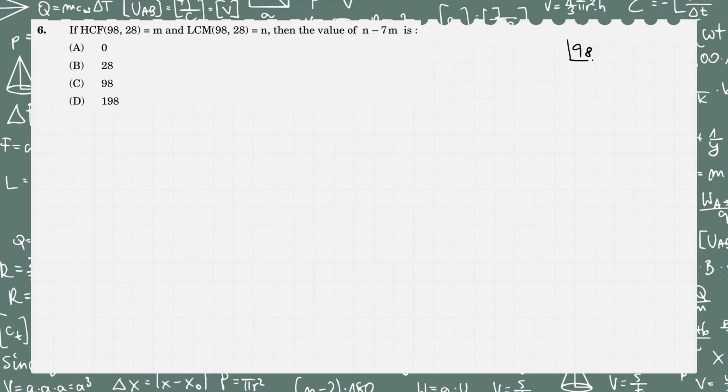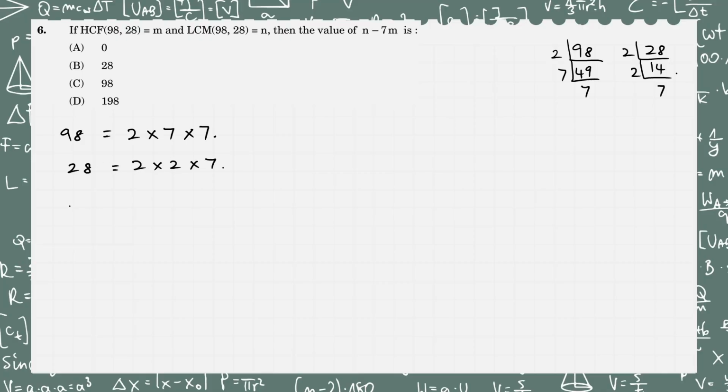So 98's prime factorization will be, 2 4s are 8 and 2 9s are 18, and with the 7, 7 7s are 49, and for 28, with the 2, it is 2 14s are 28 and 2 7s are 14.